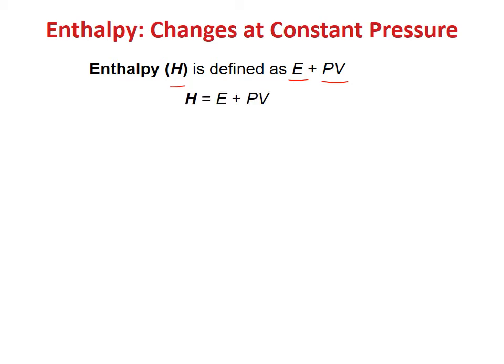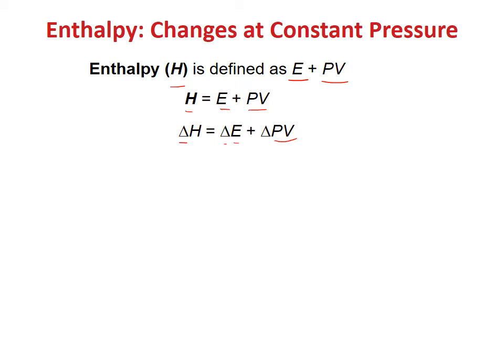So H equals E plus PV. The change of enthalpy is the change of internal energy and the change of PV. Delta means the change. So the change of the left side, enthalpy, is the change of the right side, which is the internal energy and the product of PV.